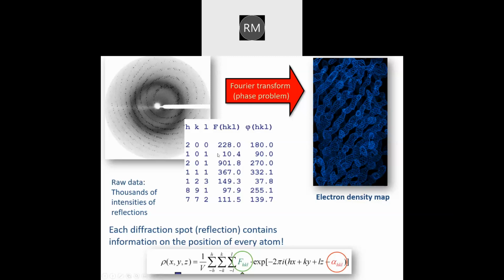Another set of planes, 101, has an intensity of 10, very low, and a phase angle of 90. All this data you collect using computational and X-ray diffraction, and then by putting it into the electron density equation you can get the electron density map. To further improve this electron density map you use computational methods, and then start fitting the atoms into it.